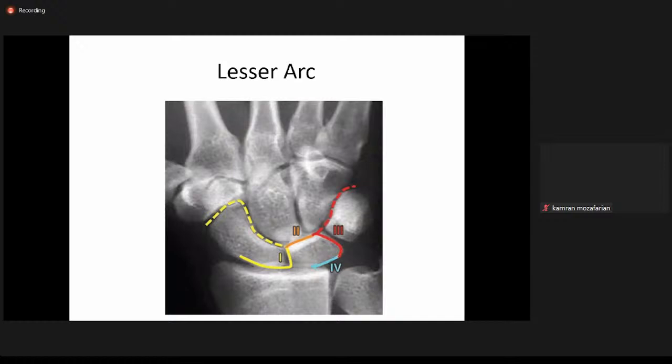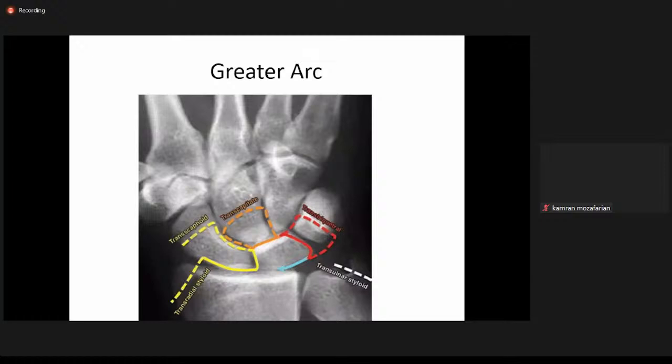Lesser arc injury is a pure ligamentous injury, and according to the Mayfield classification, it has 4 stages. In greater arc injury, the osseous structures also fail, and according to the site of the osseous injury, the fracture dislocation is named, such as transscaphoid perilunate fracture dislocation.